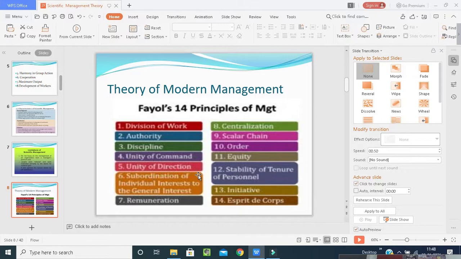You have to mention the same 14 principles of Henry Fayol, or else they can ask one more question: state the contribution of Henry Fayol. That means you have to write the same 14 principles of management, and sometimes they can ask you to discuss the contribution of Henry Fayol towards the field of management.